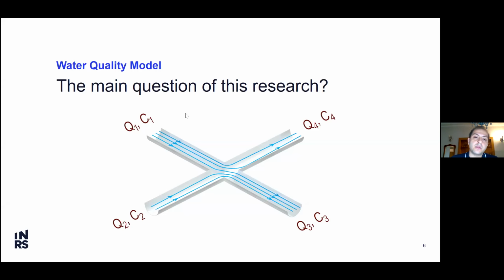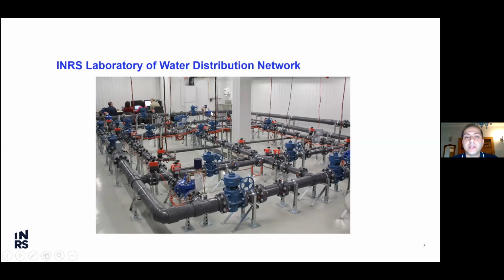So in my project, I will first work in the laboratory of the INRS. It's a fully equipped laboratory that we have in Quebec, and we can say in Canada. As you can see, it's a small network. In this small network, I am going to inject salt in different pipes, and then I will study the mixing phenomena in some cross junctions that you can see in this network.